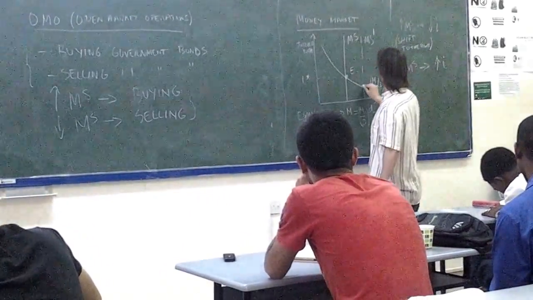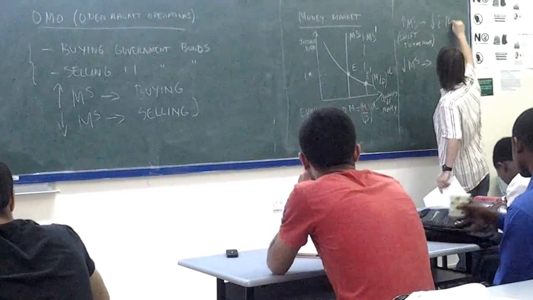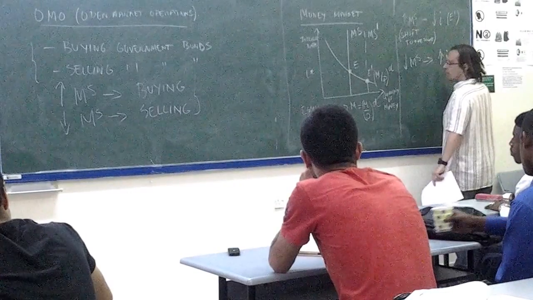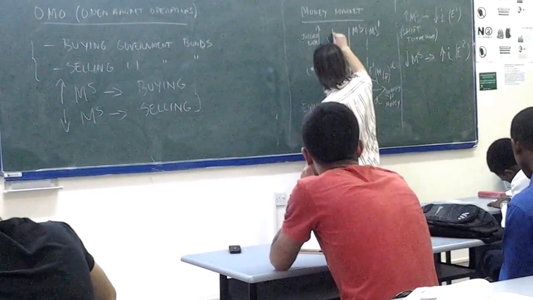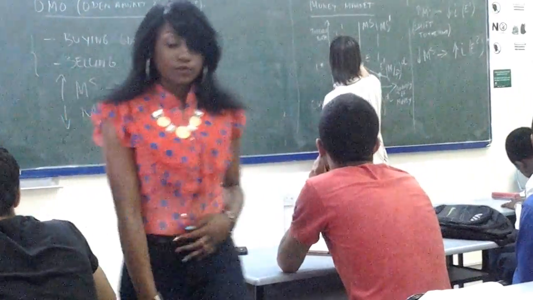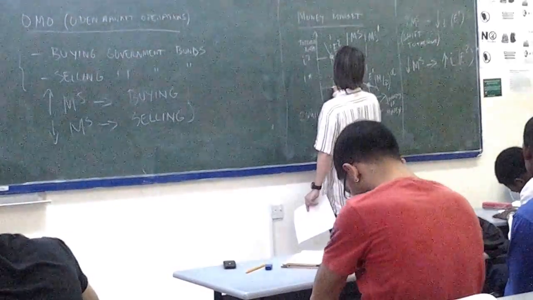E1 is the initial equilibrium, and E2 is the new equilibrium, when the money supply shifts to the left.